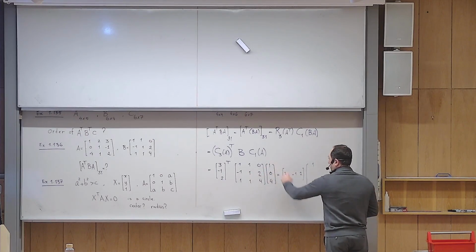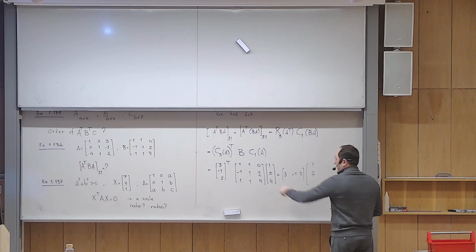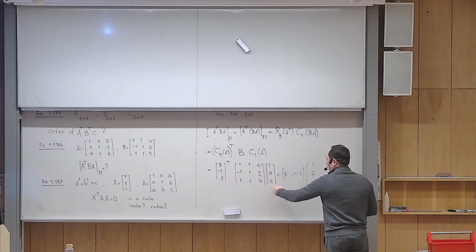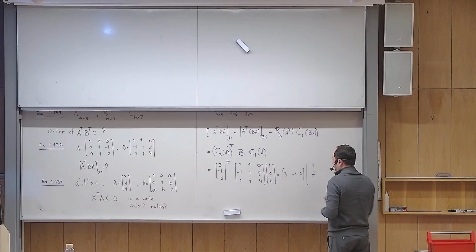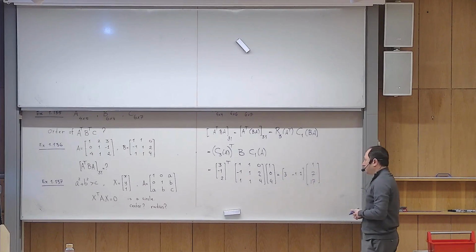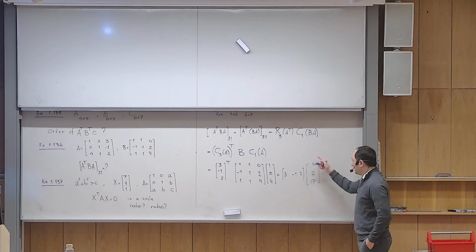So this becomes minus 1 plus 8, it becomes 7. And then I'll take this one and multiply it here. So it becomes 1 plus 16, it's 17. Do you agree?